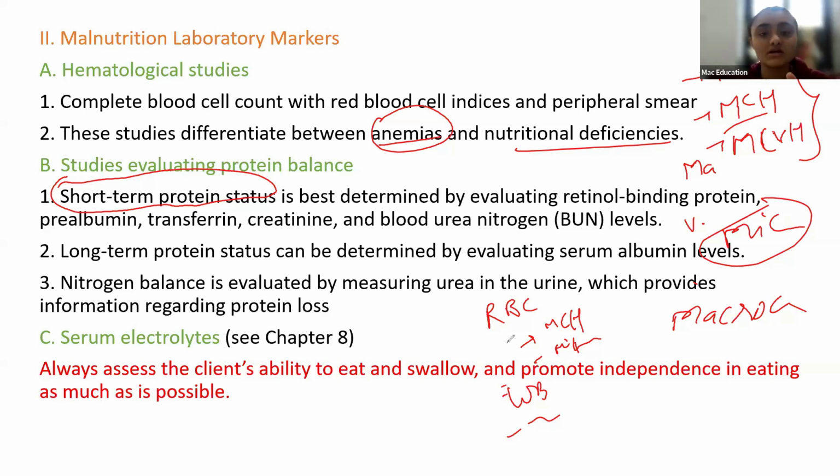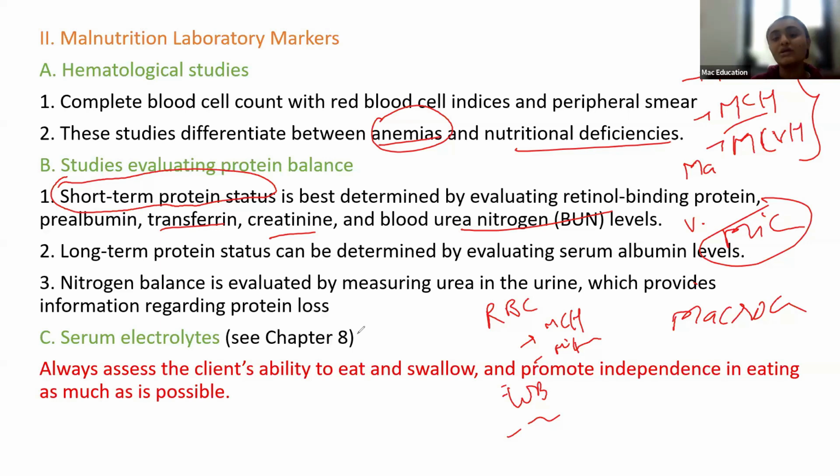FBS is a short-term status and HbA1c is a long-term status. Similarly, protein status is divided into short-term and long-term. How do we know the short-term protein status? The tests are retinol binding protein, prealbumin, transferrin, creatinine, and BUN.